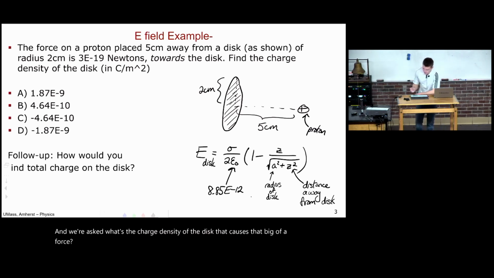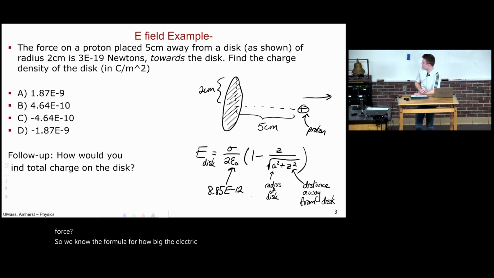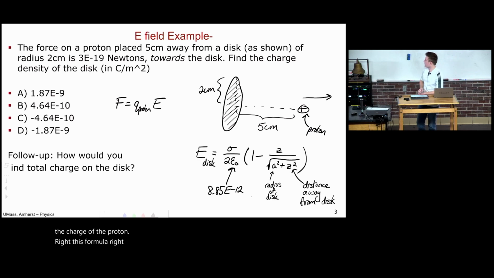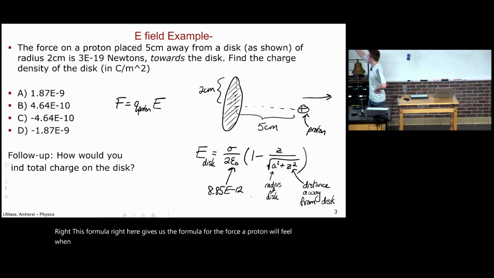We know the formula for how big the electric field is over in this area, and in order to obtain the force, all we do is multiply the electric field by the charge of the proton. This formula gives us the force a proton will feel when placed in an electric field of size E.